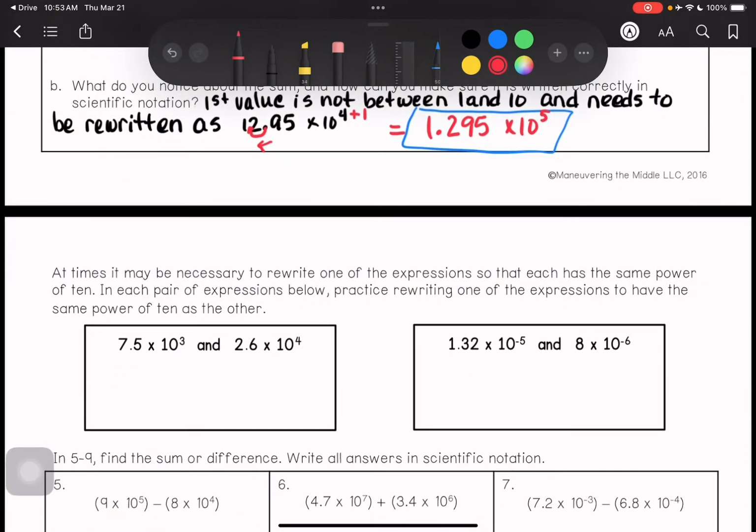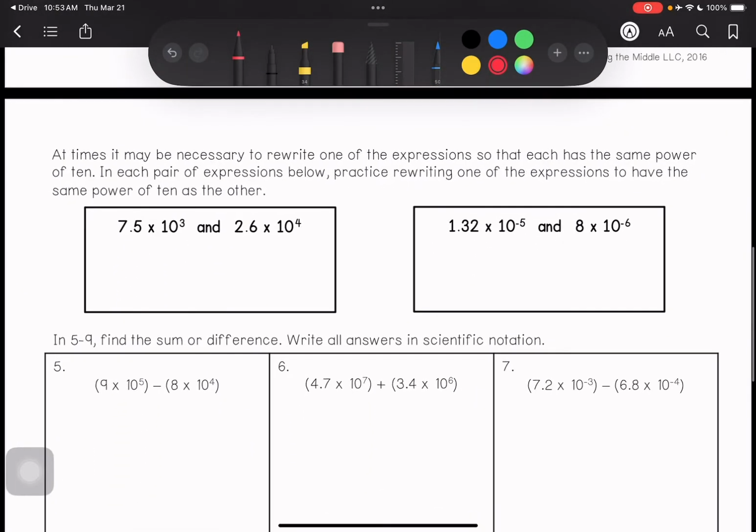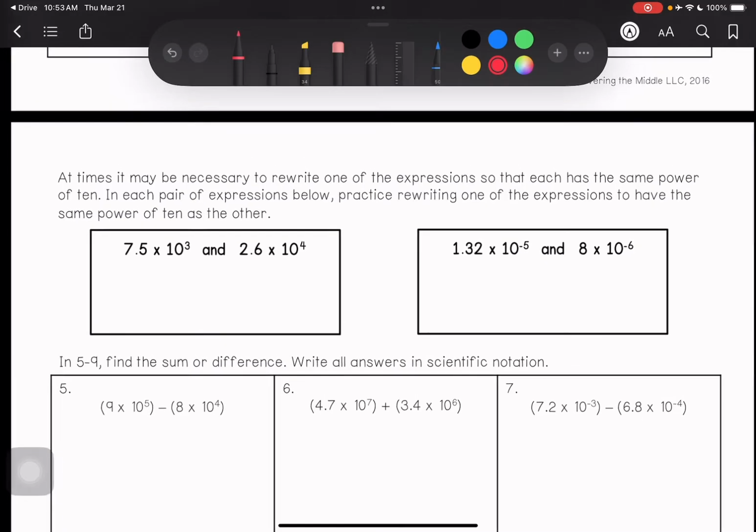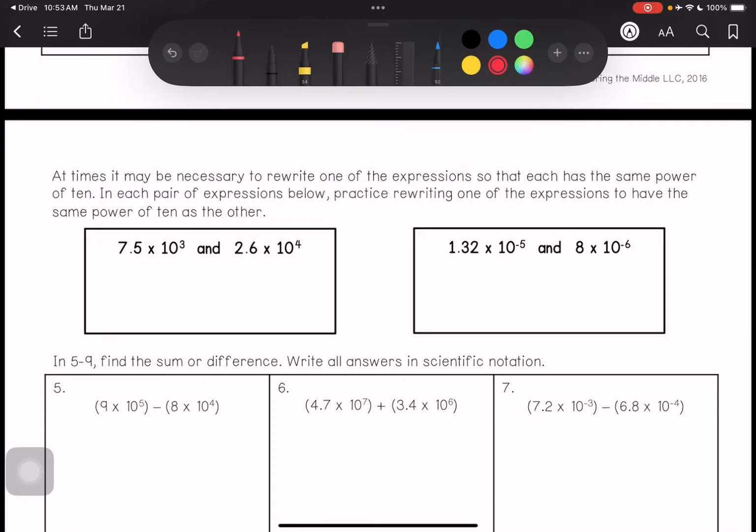All right, flip the page. I want to give you a little hint and clue to add at the top of your page. If I'm trying to make the number larger, I'm going to subtract from the power of 10.